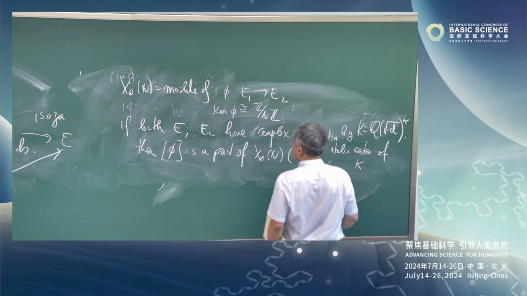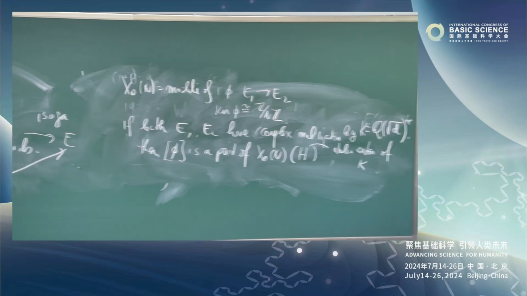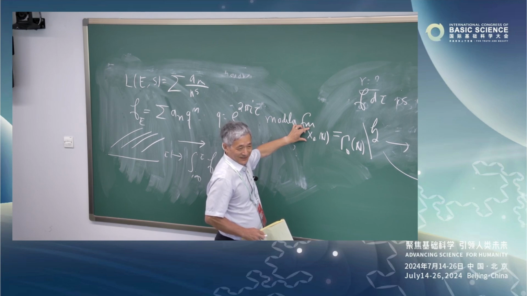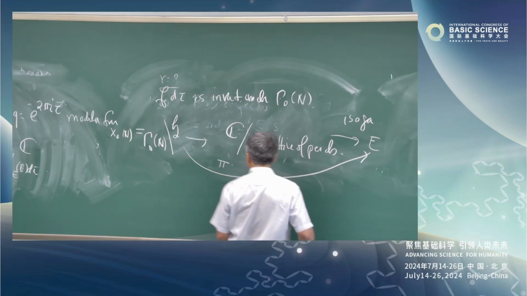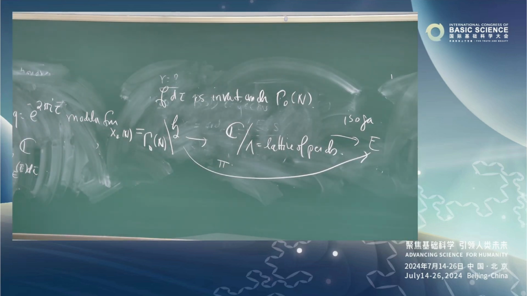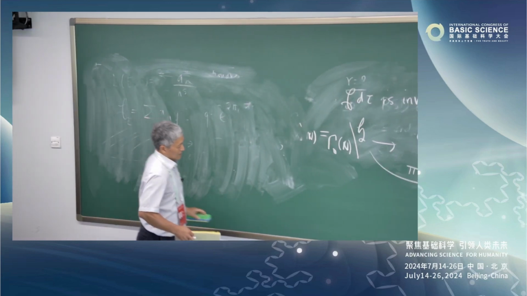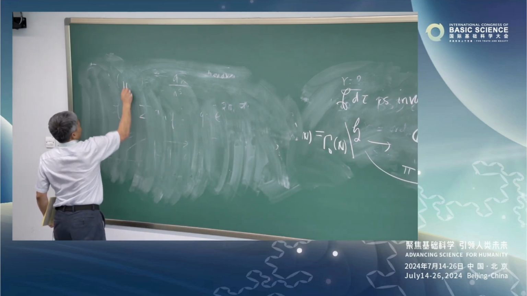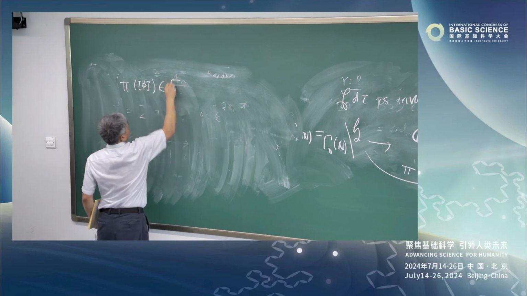Okay, so that's very explicit, and this modular curve has a dense set of algebraic points. That's a very important thing. So if you take pi of these points, this will become algebraic points on the elliptic curve.